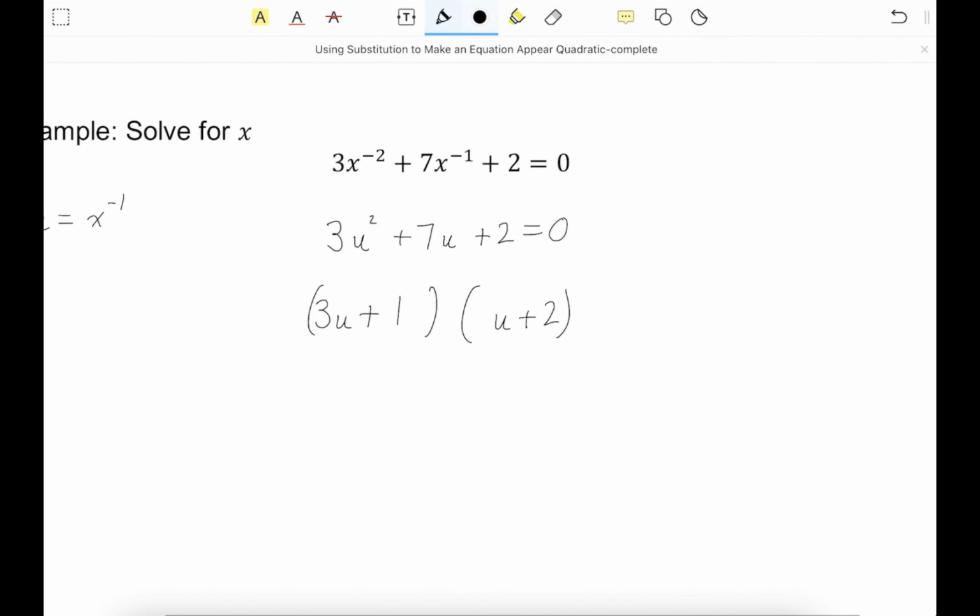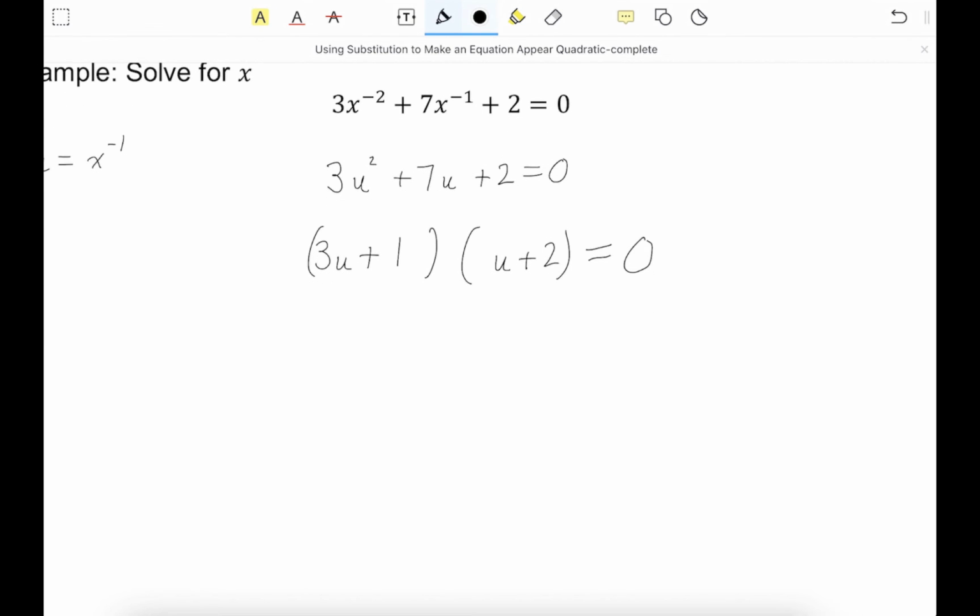So that's the factorization there. You can also do the AC method. I set both of these equal to 0. So 3u plus 1 equals 0, and u plus 2 equals 0. From this one, I get u equals negative 1/3. From this one, I get u equals negative 2.